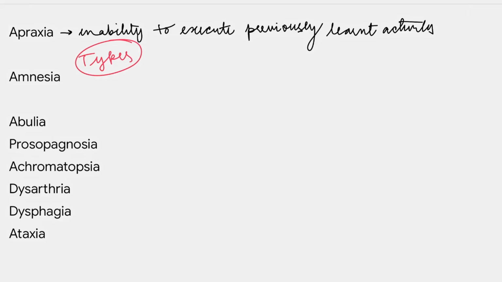There are many types like ideomotor, ideational, oculomotor apraxia, which we discussed was one of the triad of Bálint syndrome, then dressing apraxia, gait apraxia, and all that. Amnesia is pathologic loss of memory, and it can be retrograde, anterograde, whatever.